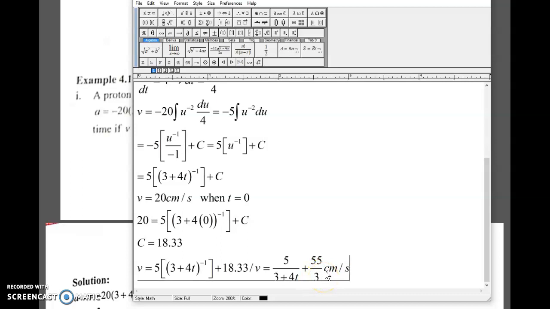And don't forget the units. Look back at the question and you'll notice that the velocity is in centimeters with respect to time in seconds. So this is the velocity function. Okay, thank you.